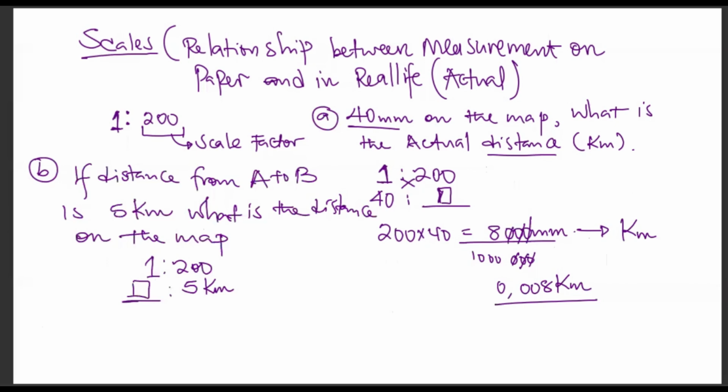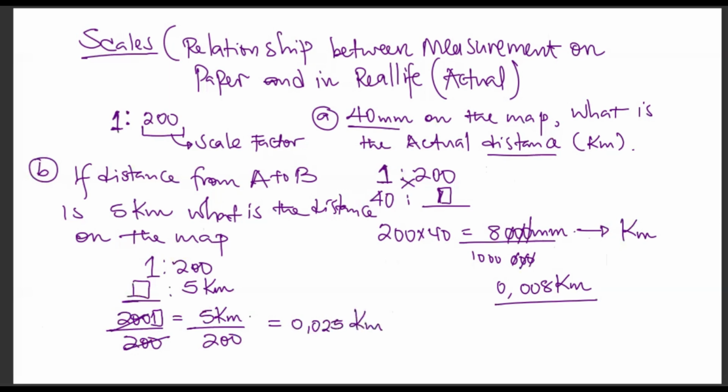So what you do, this multiplies that, you use 200 box equals 5 kilometers. So we divide through by 200. You remain with 5 divided by 200, you end up with 0,025.